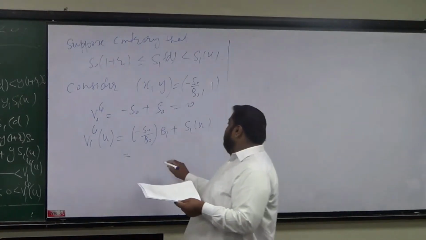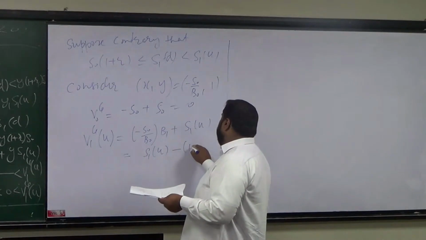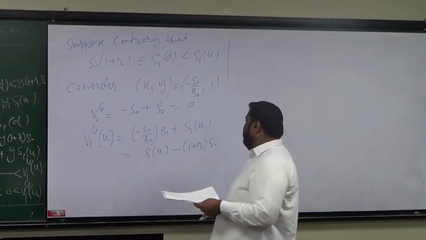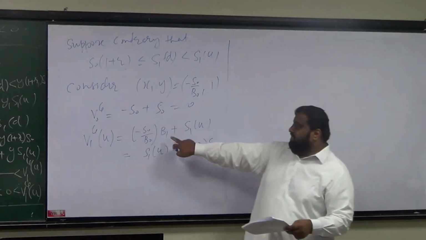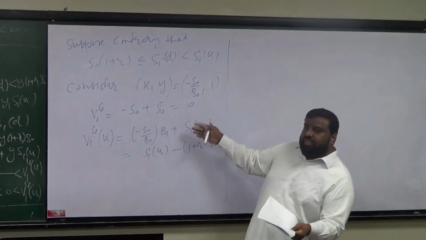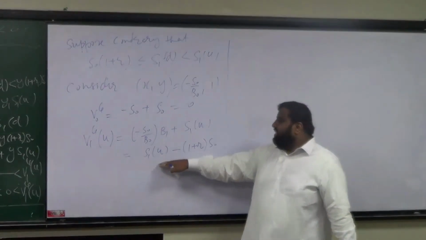On simplifying, this is going to be S1 of U minus (1 plus R) times S0. Agree? Because V1 is V0 times (1 plus R), so V0 gets cancelled. What can you say about the sign of this quantity?